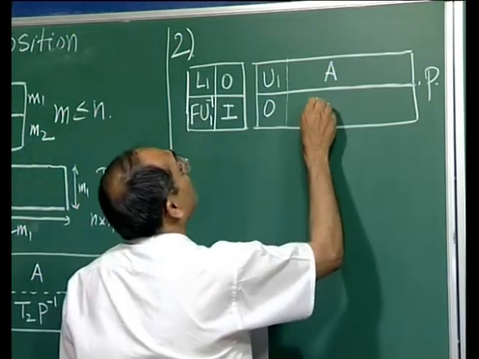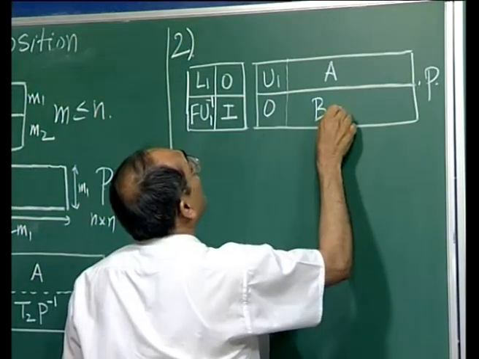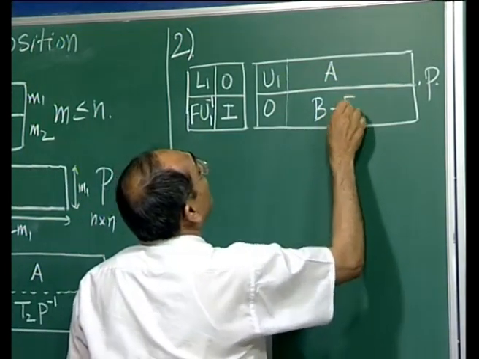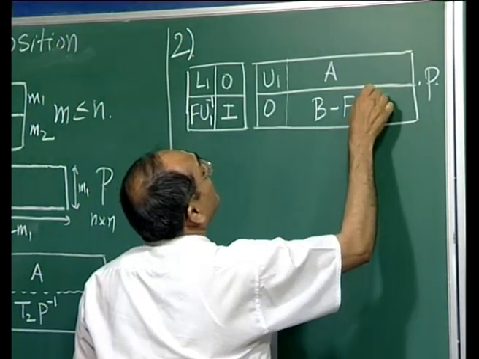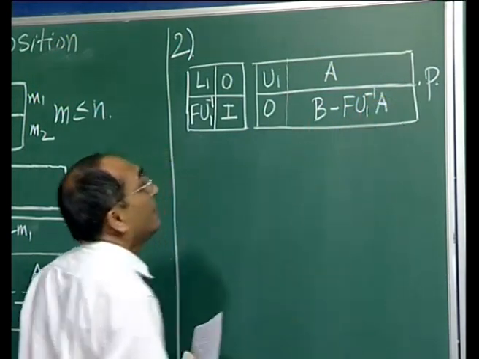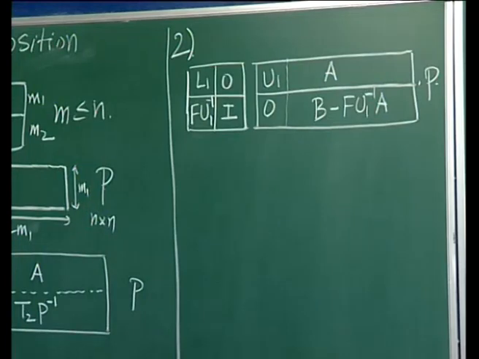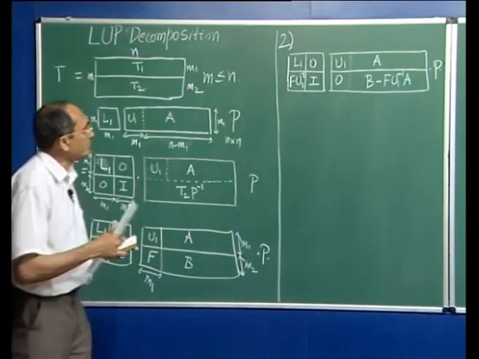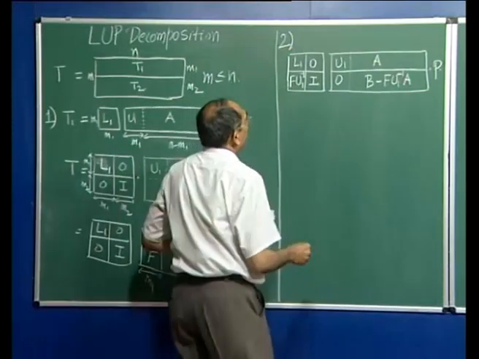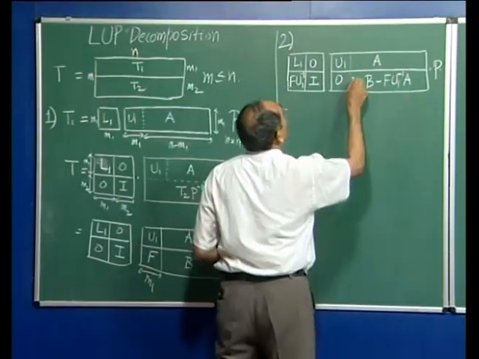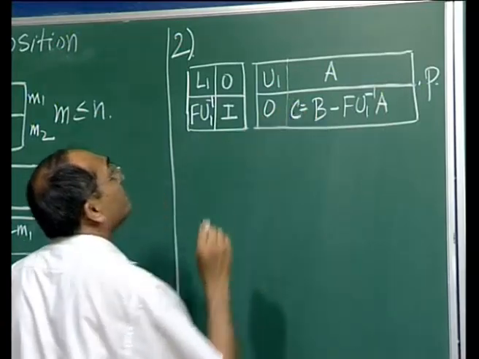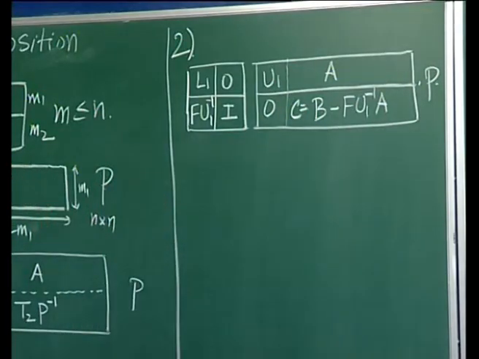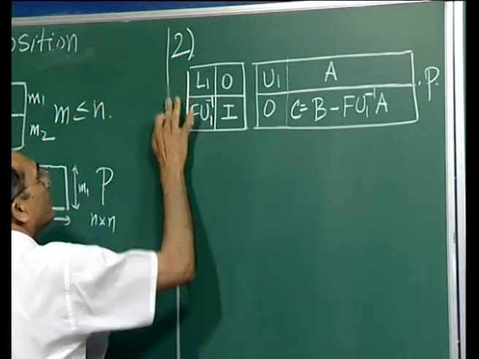So we got to replace this by B minus F U1 inverse A, and that will make things equal to the original product. Now let us call this matrix C. This is still equal to T.